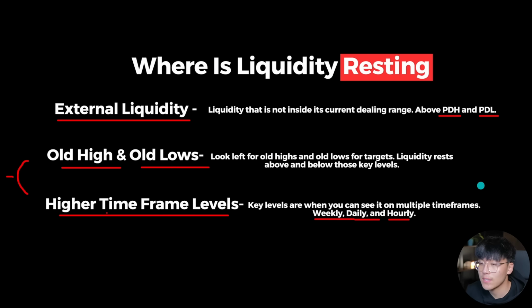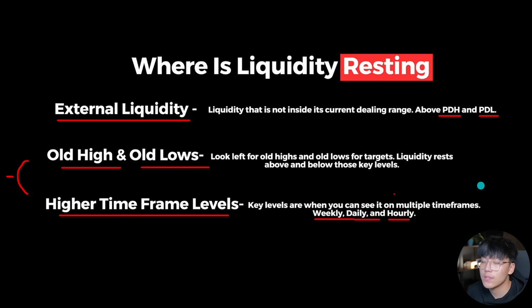We want to look left for those higher time frame objectives, and we know that liquidity is resting above and below those key levels, where there are multiple touches, those old weekly levels, those daily levels. That's why you see price always gravitating back towards those levels, because what's resting there is what's called liquidity.